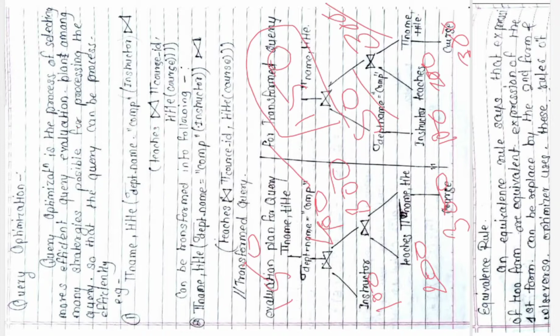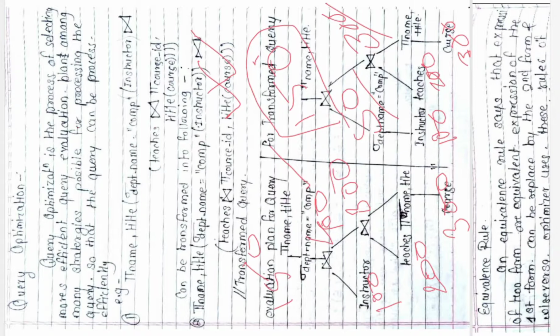That's why the cost is less. Here I have taken only 100, 200 and 300, but in real time there can be many rows, so accordingly it will change. That's why I am saying, now you can see the query is optimized. That is nothing but query optimization.